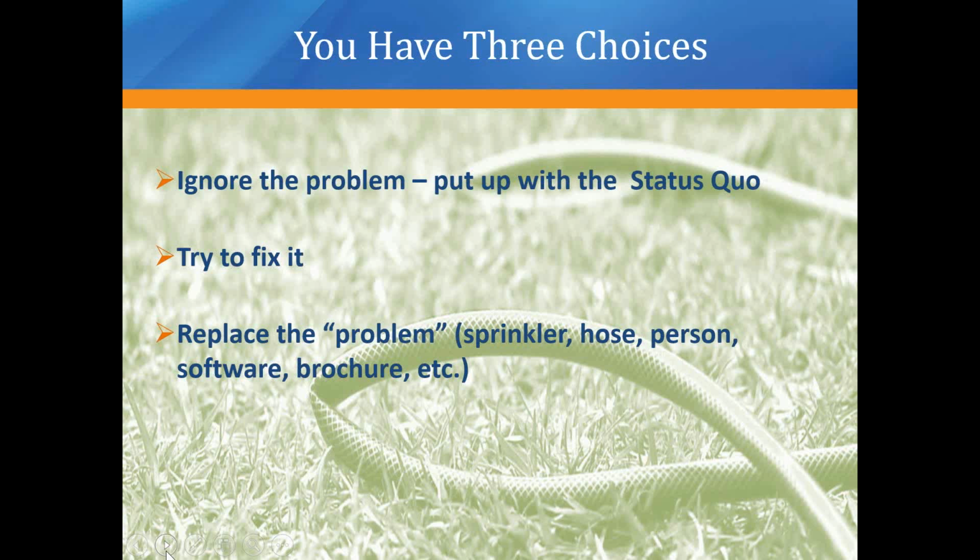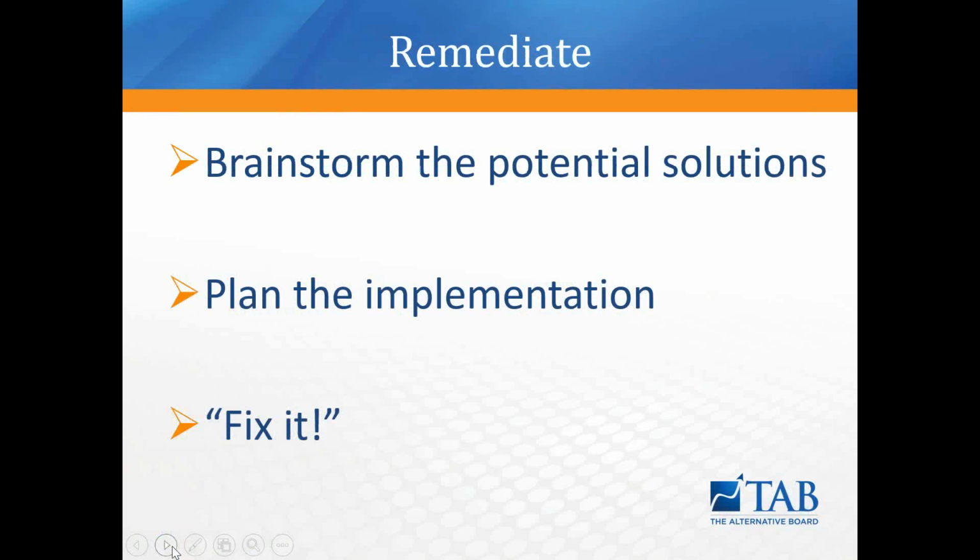If we decide that we want to fix it, then we remediate. We brainstorm solutions. We plan the implementation. And this may sound a little bit like moving from a strategy to an action plan. And that's exactly what we need to do, is make sure we have a good plan that will actually result in that remedy being implemented.